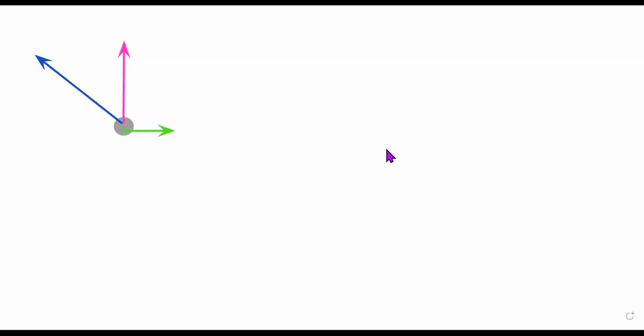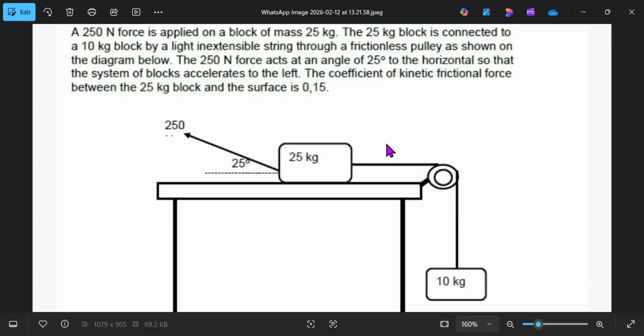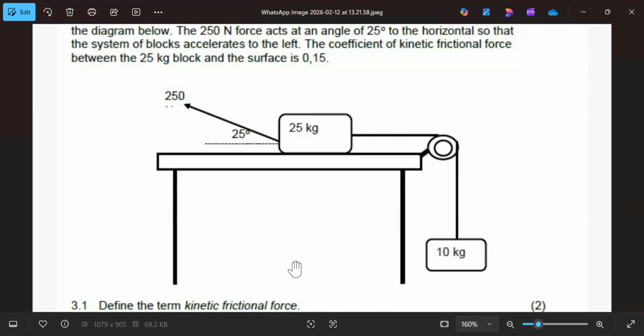Can you see that this 25 kg block is on a horizontal surface, but the 10 kg block is hanging vertically? Yes, it's vertical, this one. But even so, when you look at the tension force in the string, the 10 kg block is pulling the 25 kg block to the right.